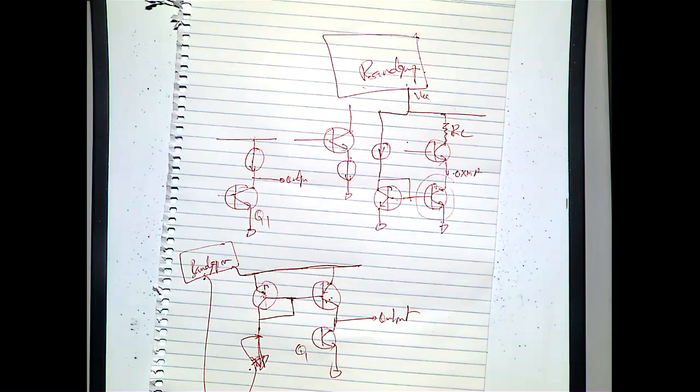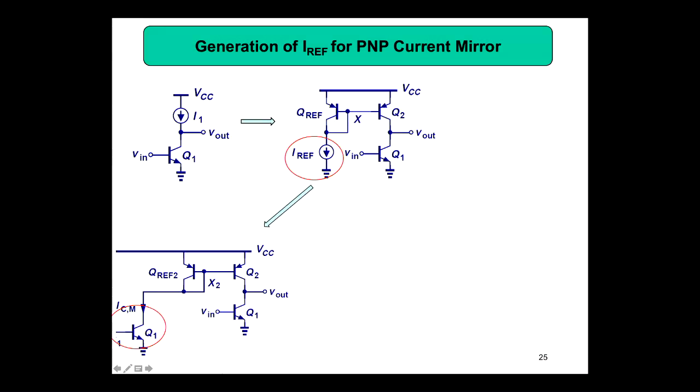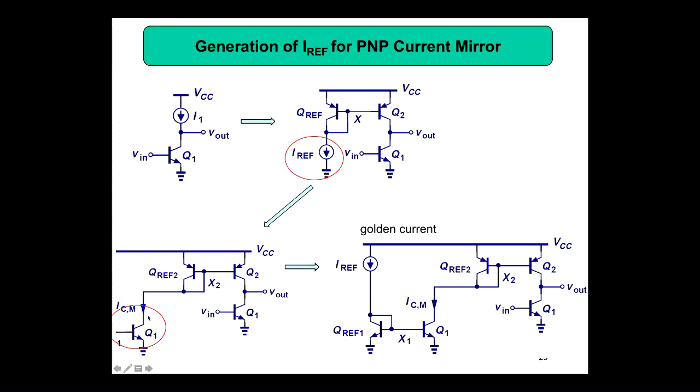Then what will you do? You have to design another NPN current mirror. Because here, when you look at it, maybe you can connect this point to the ground so that you can connect an NPN transistor. When you have an NPN transistor, then we will design another NPN current mirror. So when you have a PNP current mirror, we can't connect the golden current to this point, because this is ground.